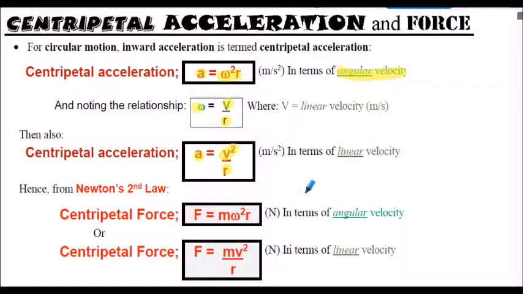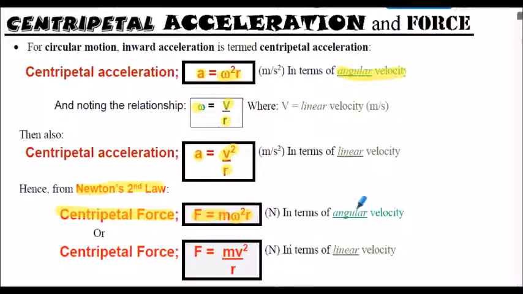Now, if we apply that into Newton's second law, of course, force is equal to mass times acceleration, then the acceleration above, ω²r, becomes the a in the equation, and we end up with this formula of F = mω²r, and that's called the centripetal force. Okay, that's an inward seeking force.